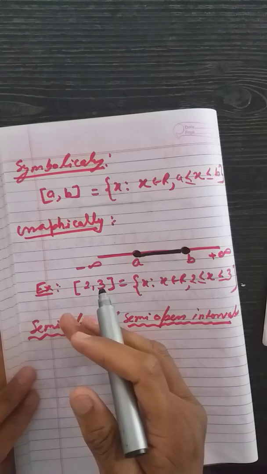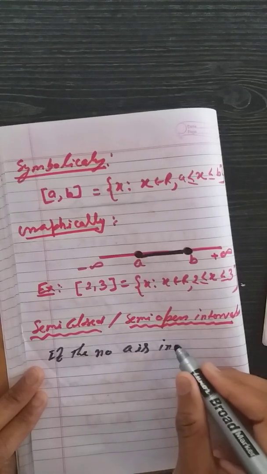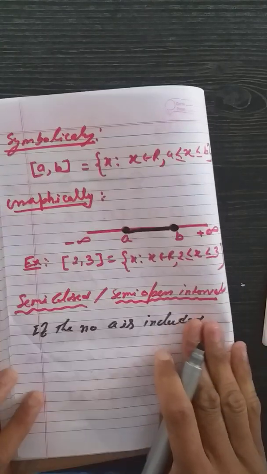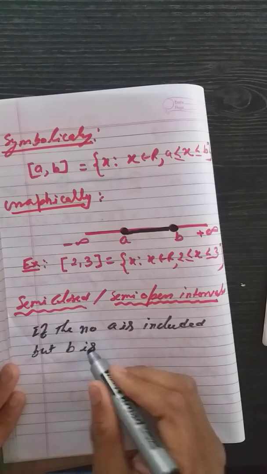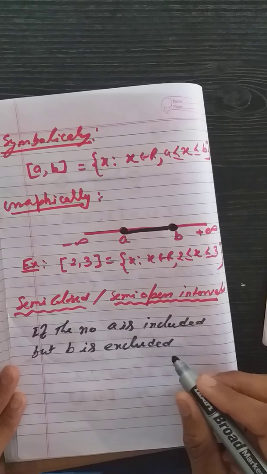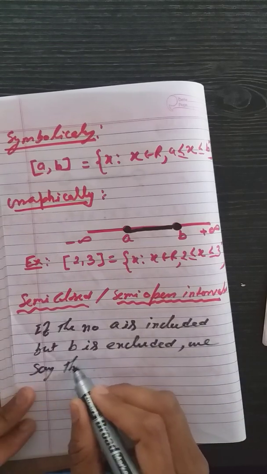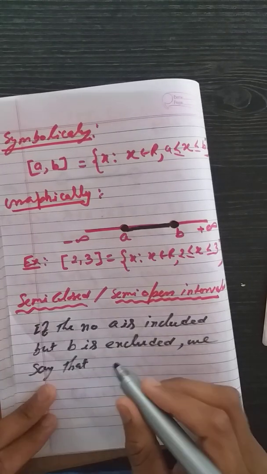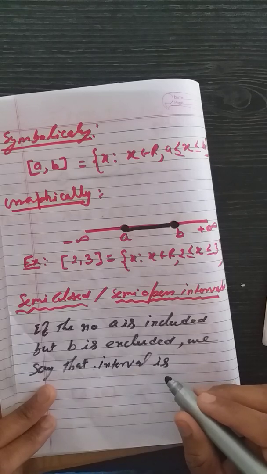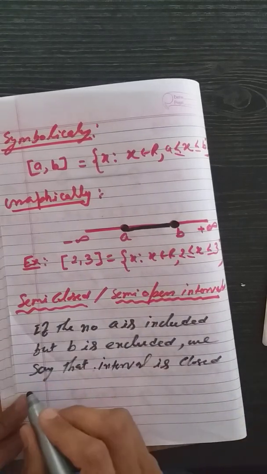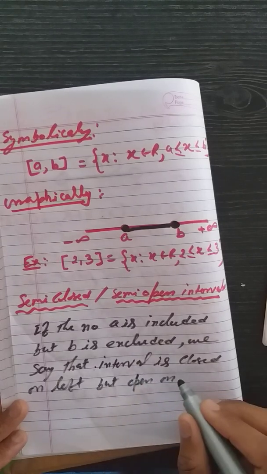If the number A is included but B is excluded, we say that the interval is closed on left but open on right.